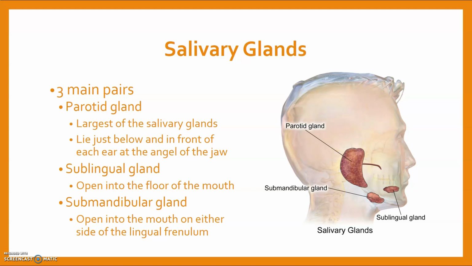The sublingual gland opens into the floor of the mouth. And then you have the submandibular gland, which opens into the mouth on either side of the lingual frenulum. And the lingual frenulum is the connective tissue that's underneath the tongue.